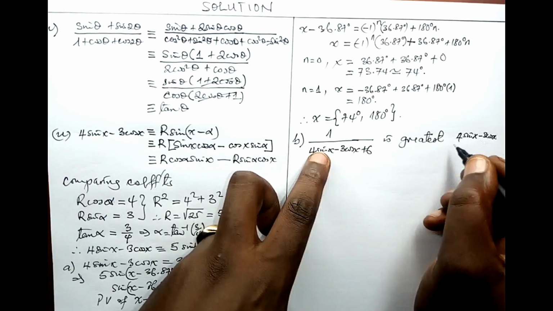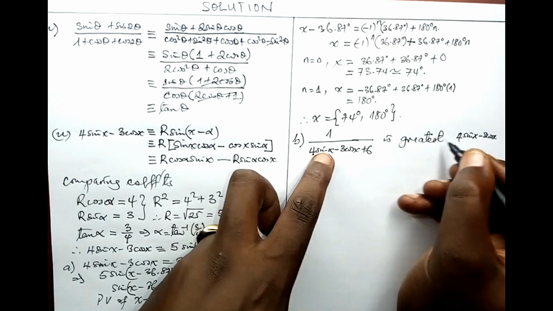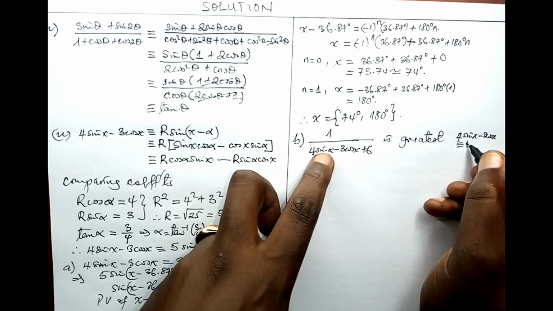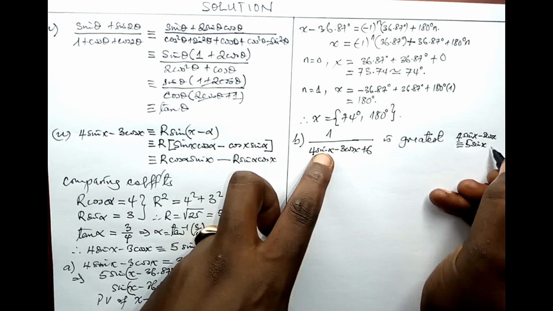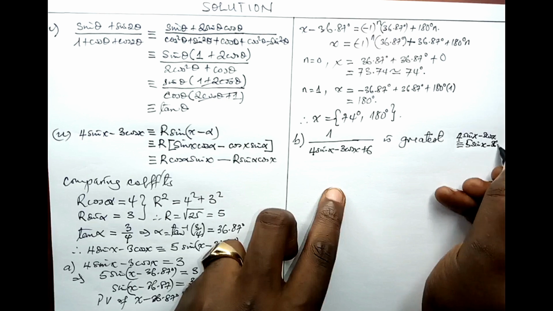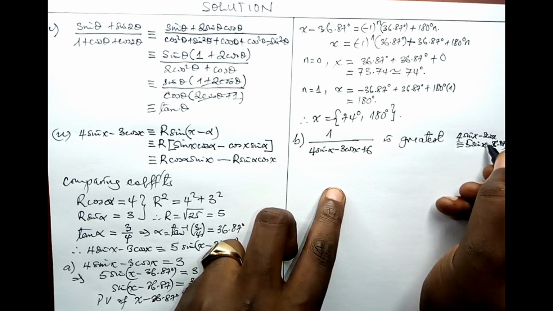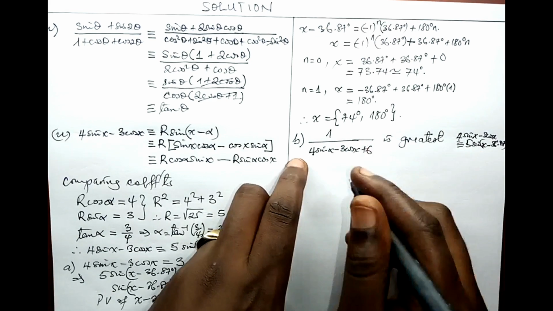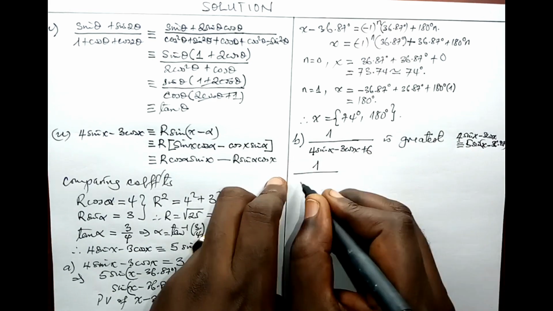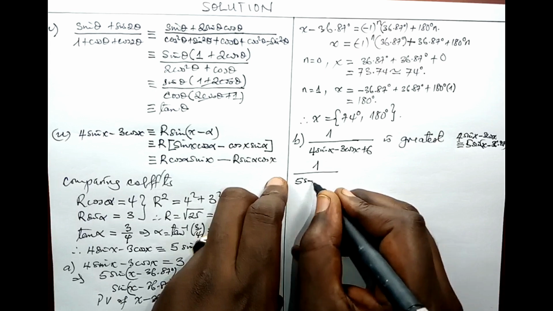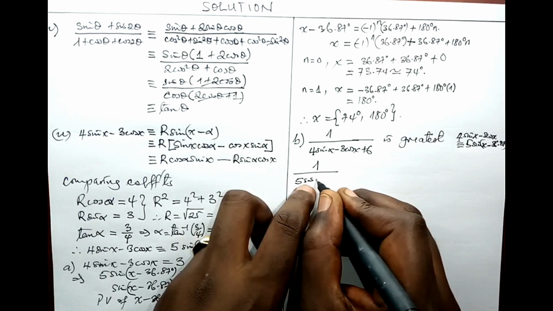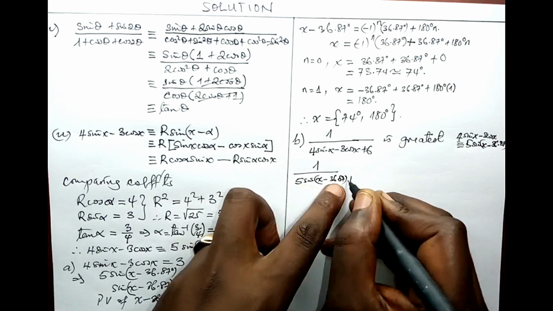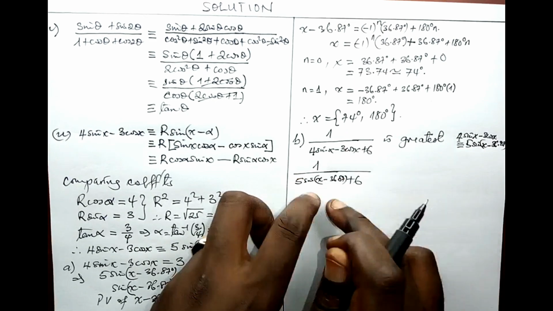It would be maximum, that is greatest, when this expression, which is equivalent to 5 sine x minus 36.87, would be minimum. So what we actually have is 5 sine x minus 36.87 plus 6. So this one is equivalent to this.